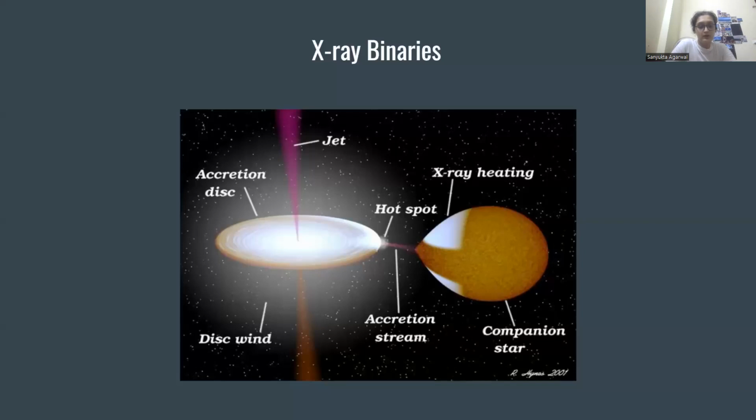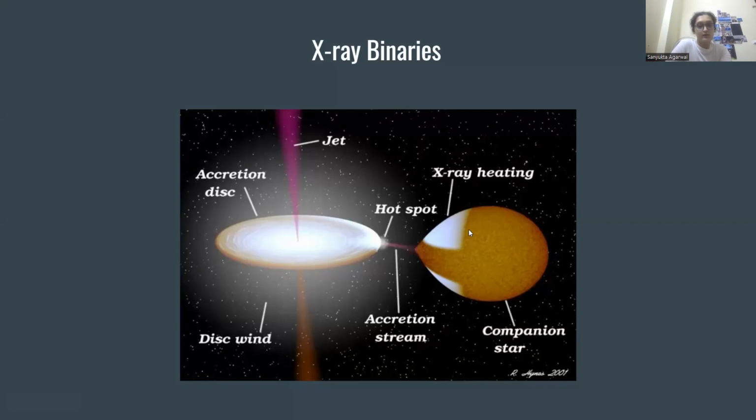So now let's come to our sources. Our sources of interest are X-ray binaries, which are a class of binary systems that are luminous in X-rays. Here we can see a compact object, which is the primary, an accretor, which usually consists of a compact object like a black hole or a neutron star.